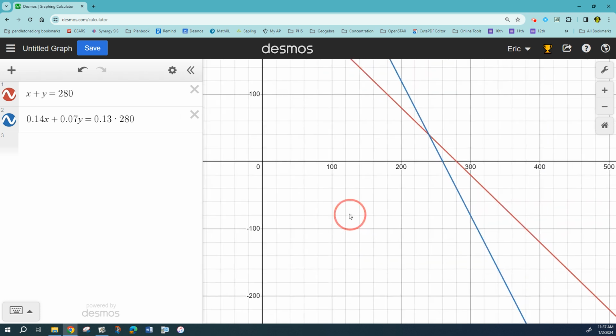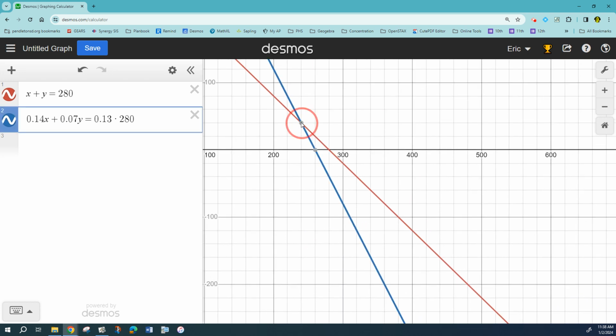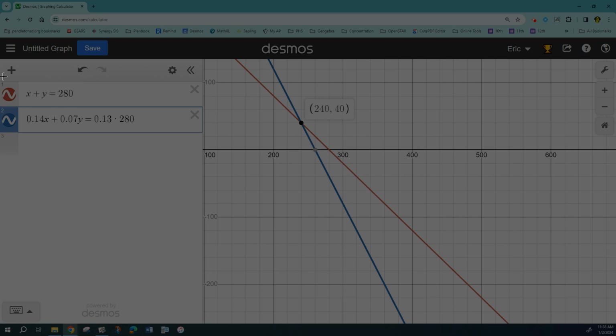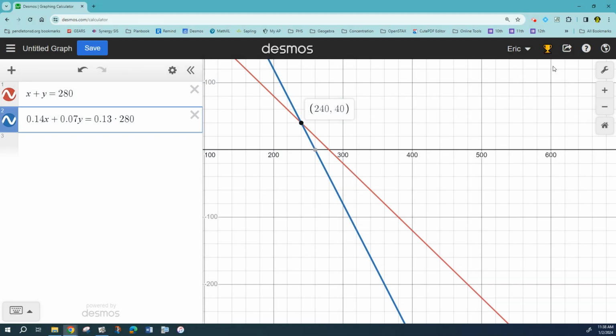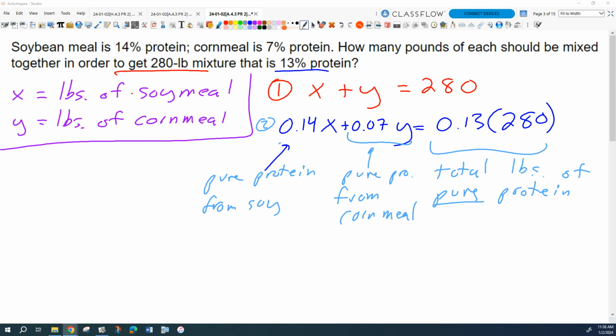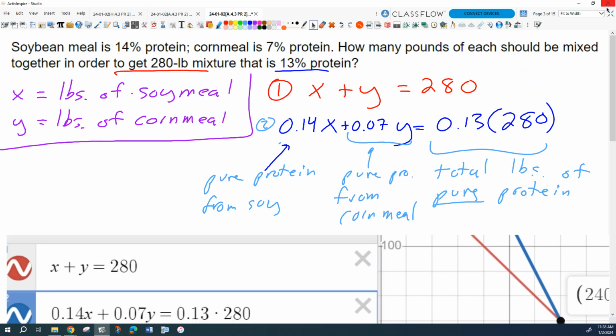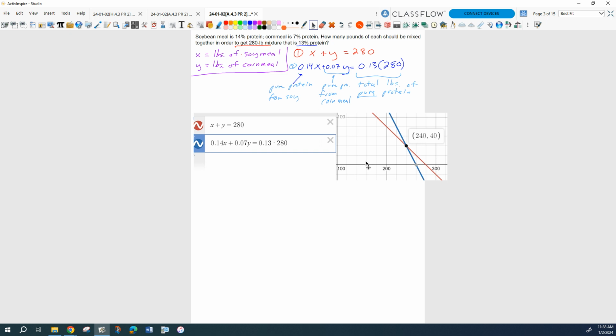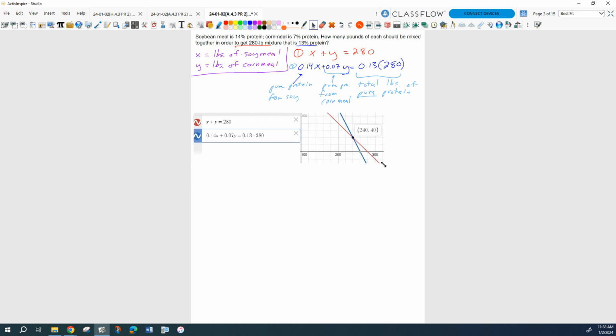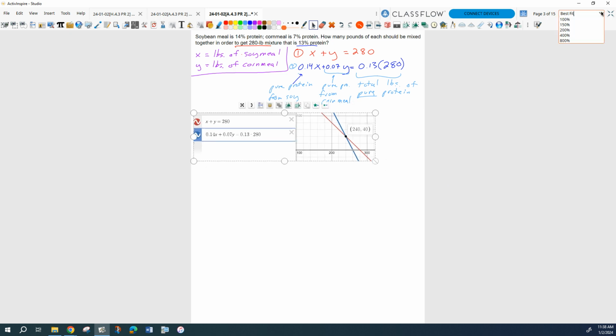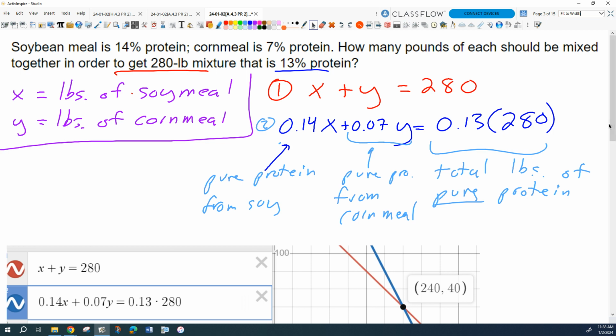Okay, so now where's the solution going to be then? The intersection, right there. Okay, so you guys help me interpret this then.